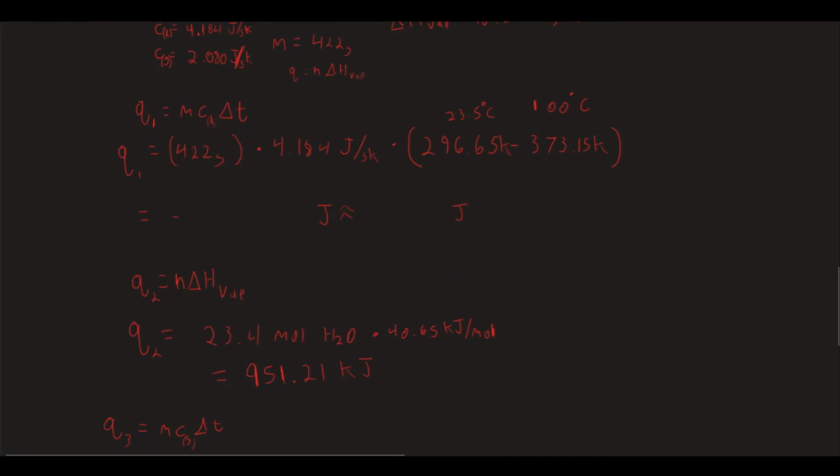So I'm seeing negative 1, 3, 5, 0.072, with 4 sig figs, which will come out to 1, 3, 5, 1, 0, 0.